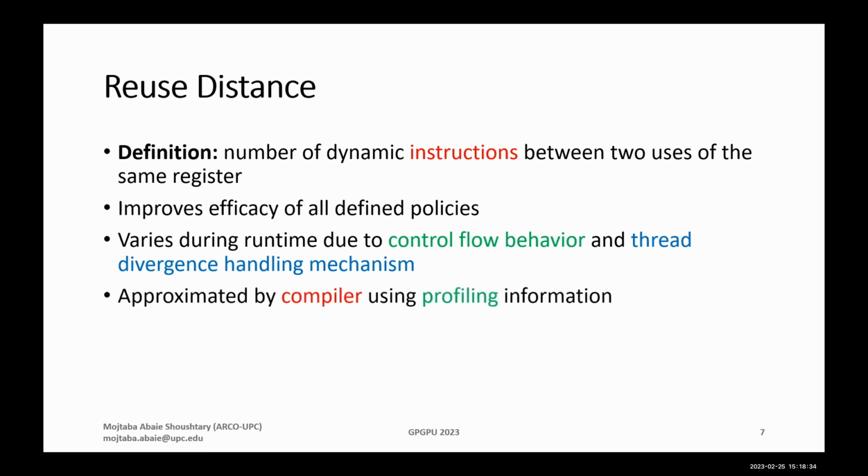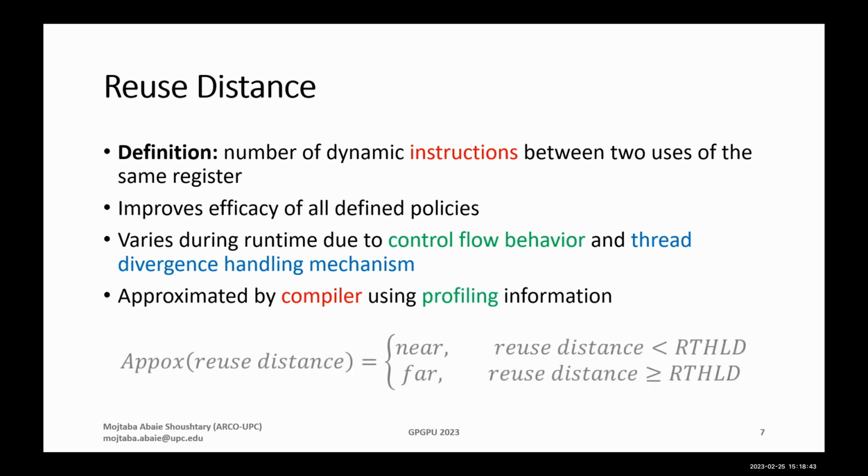To mitigate that effect, we approximated it with compiler by using some profiling information. And the approximation is pretty simple. We just approximate the reuse distance to 1 bit, and this bit shows the reuse distance is near or far.